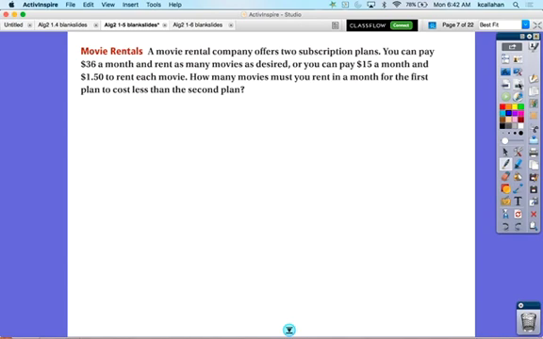The first thing I'm going to do here is just define my variable. What is the thing that we're trying to find the number of? And the answer is how many movies. So let's say x equals the number of movies rented.